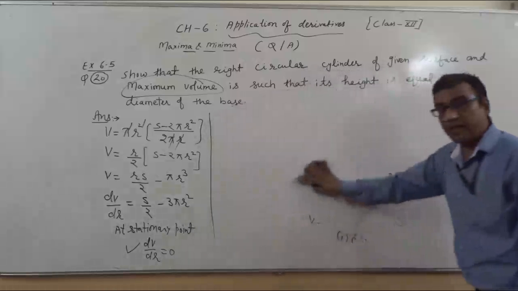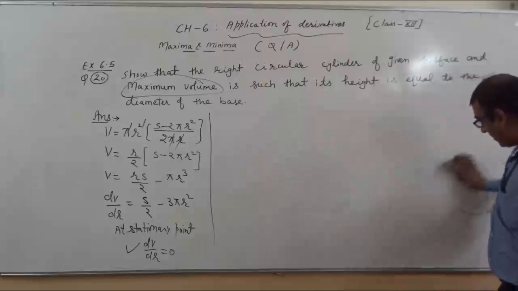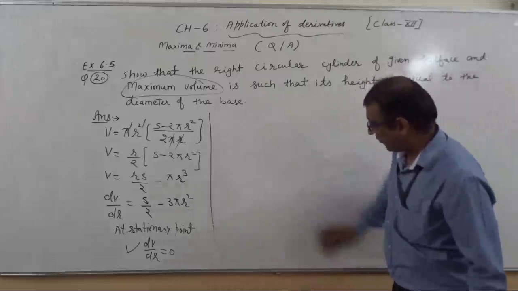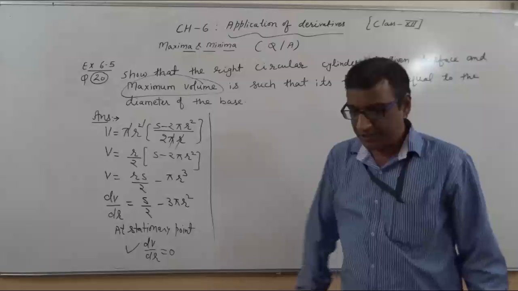And here we are differentiating with respect to R. It means we will calculate the value of R. So at a stationary point, dV upon dR equals 0.